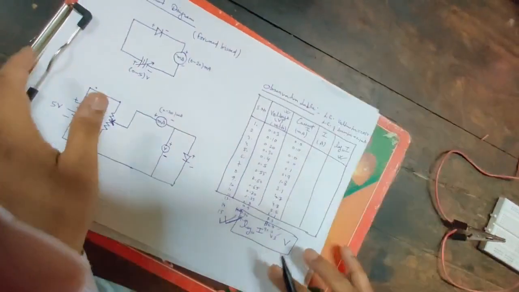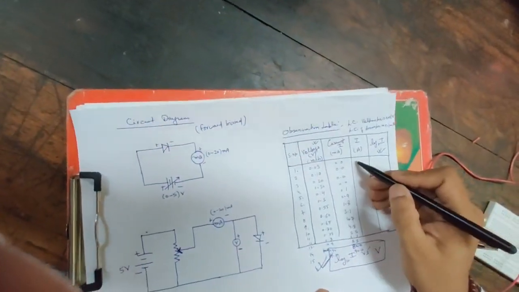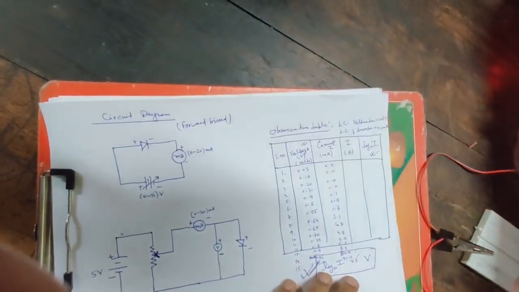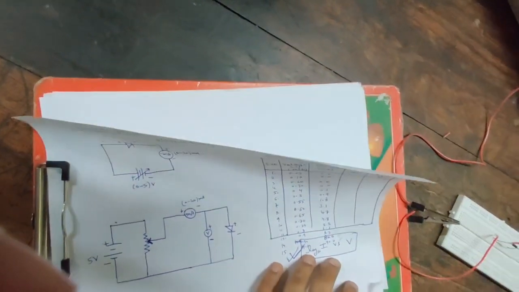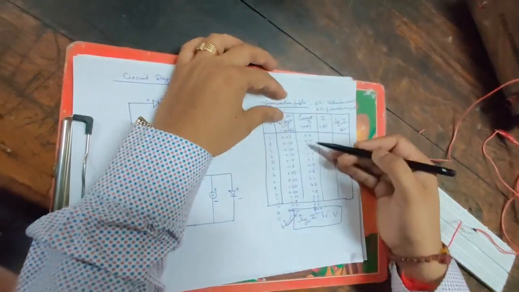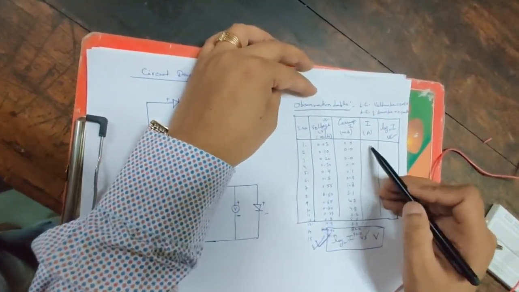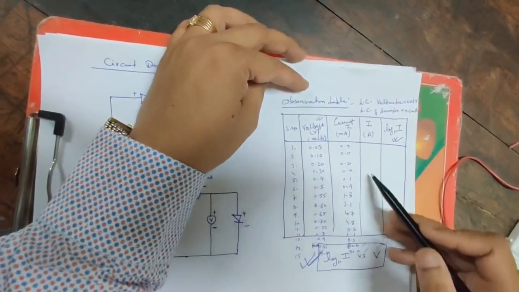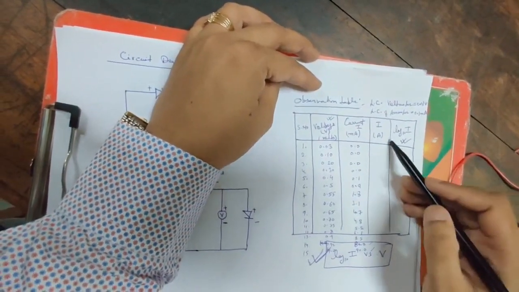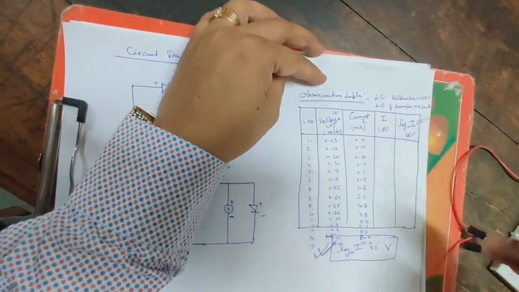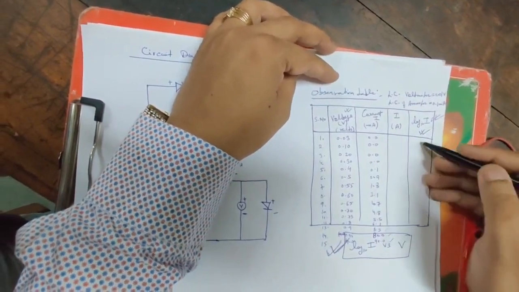Now just calculate. Yes, I can switch this off. Now these are all the readings we have. Now you can convert milliampere into amperes, and then you can also find out its log, right?